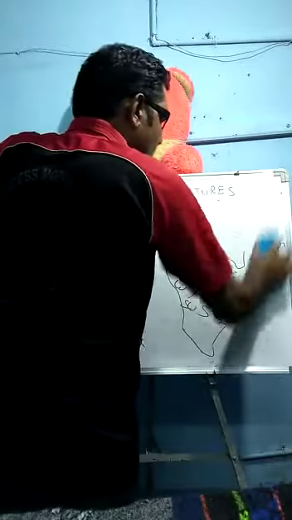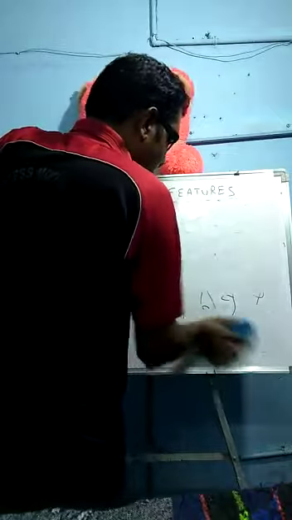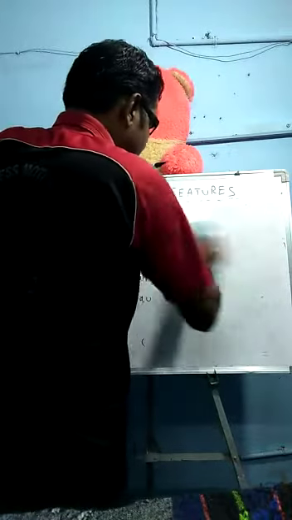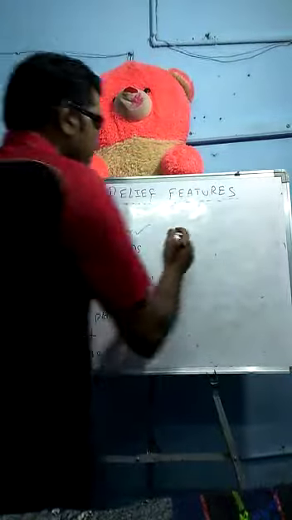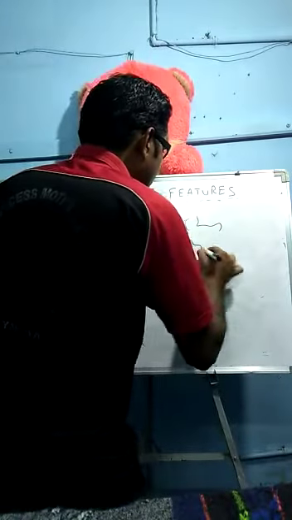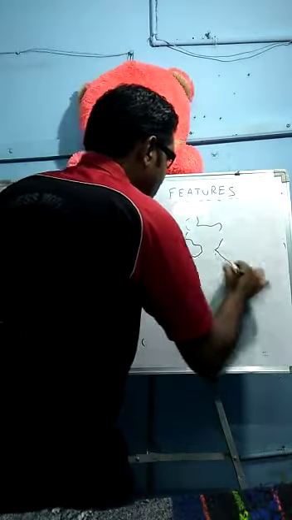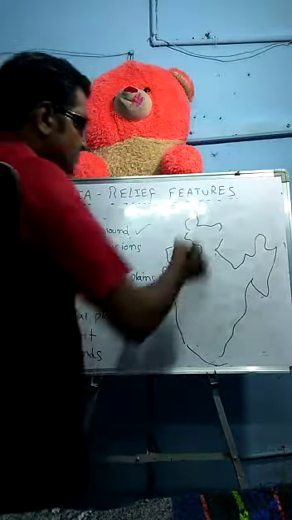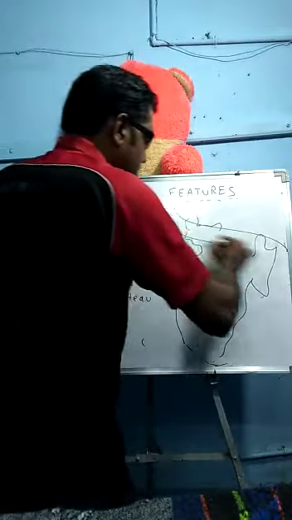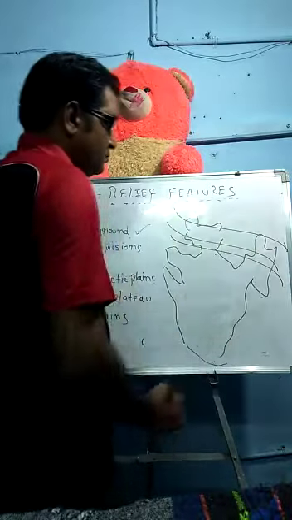The Himalayas are a combination of 3 ranges. I will show them on the Indian map. Here, 1, 2, 3.